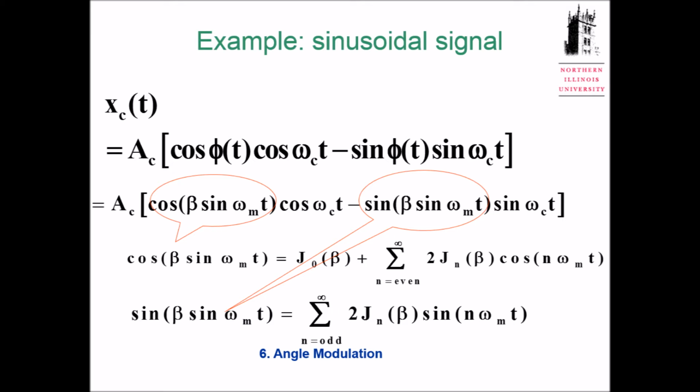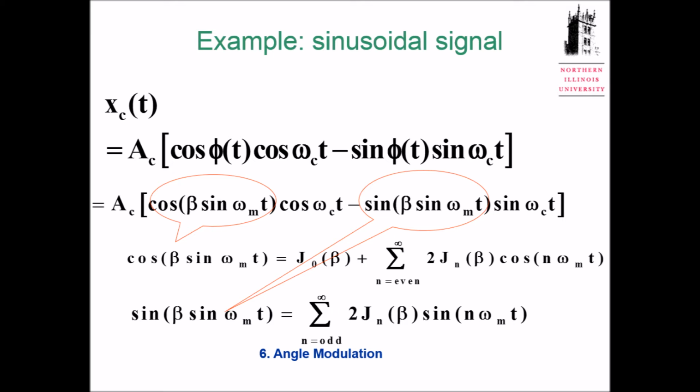And sine beta sine omega m of t is also an unlimited summation of other harmonics with different frequency. The amplitude is also determined by the Bessel function. Here n is which harmonic, beta is your modulation index. So for different beta, we have different values for the Bessel function.